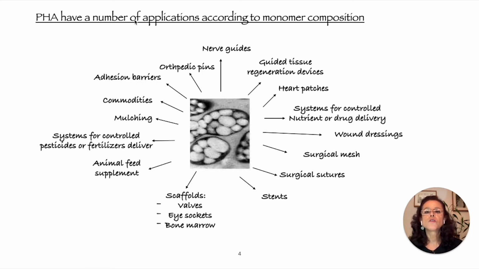PHAs have a number of applications depending on monomer composition, starting, for instance, from commodities, such as plastic bottles, films, going to agricultural applications, for instance, systems for controlled release of pesticides or fertilizers, animal feed, and going to the medical applications as scaffolds for a number of uses: stents, sutures, meshes, wound dressings, systems for controlled nutrient or drug delivery, heart patches, and so on.